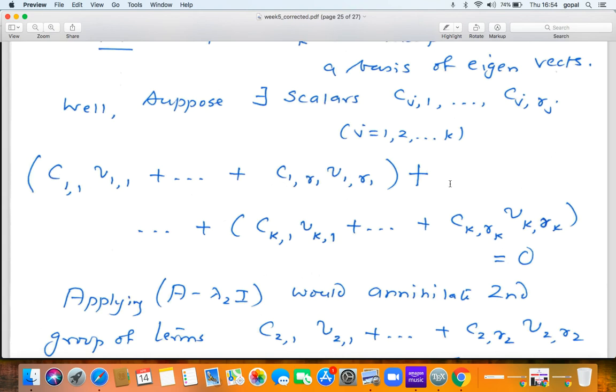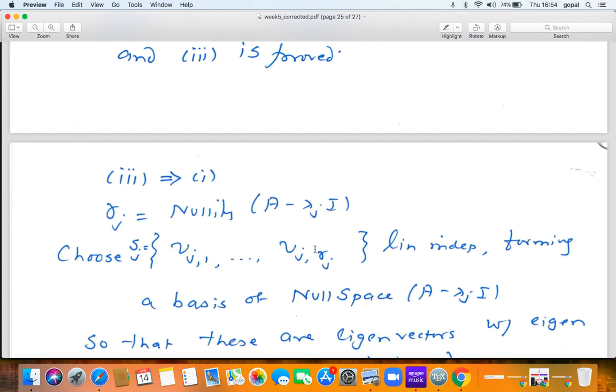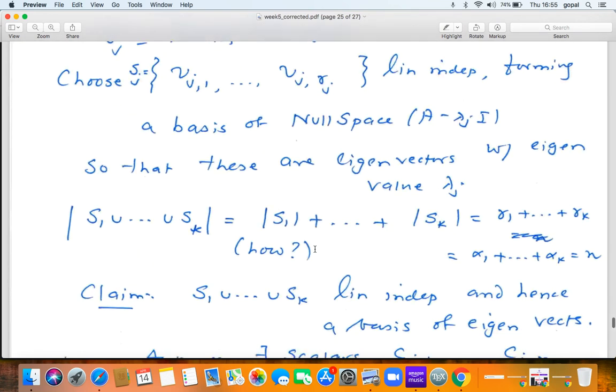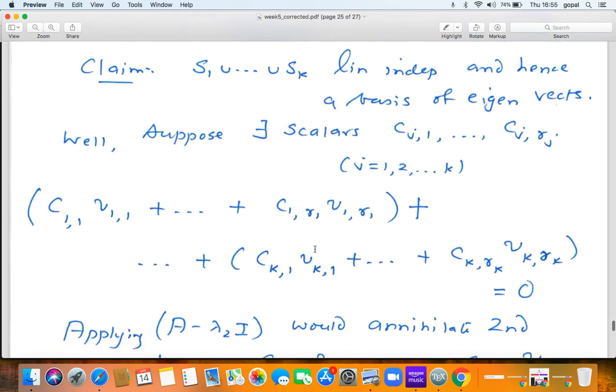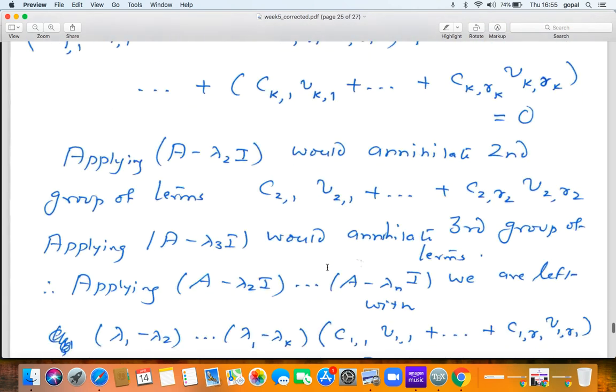Similarly, you can show that the second group of coefficients is 0, etc., individually. So that will complete the proof that 3 implies 1. Yes, it's a slightly theoretical, slightly abstract argument, but slowly you're getting the hang of it. The pattern of reasoning is slowly becoming clear to you. Gradually, we have seen this kind of argument before.